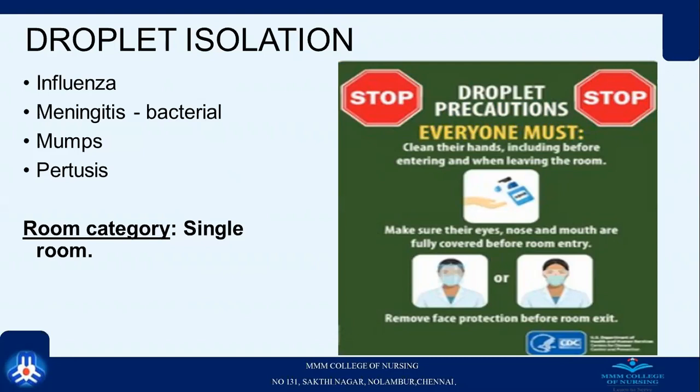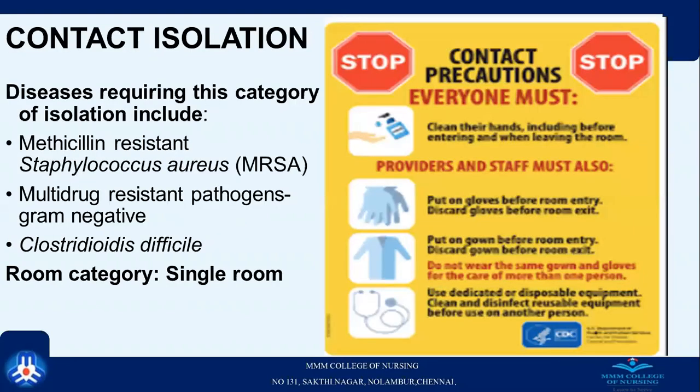Make sure your eyes, nose, and mouth are fully covered before entering, with a face shield and goggles. As soon as you come out of the room, remove the face protection and discard it at the door.